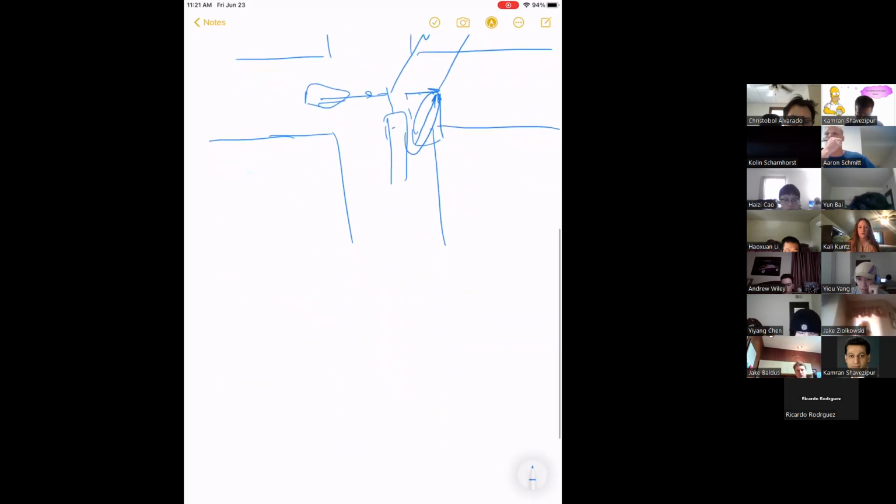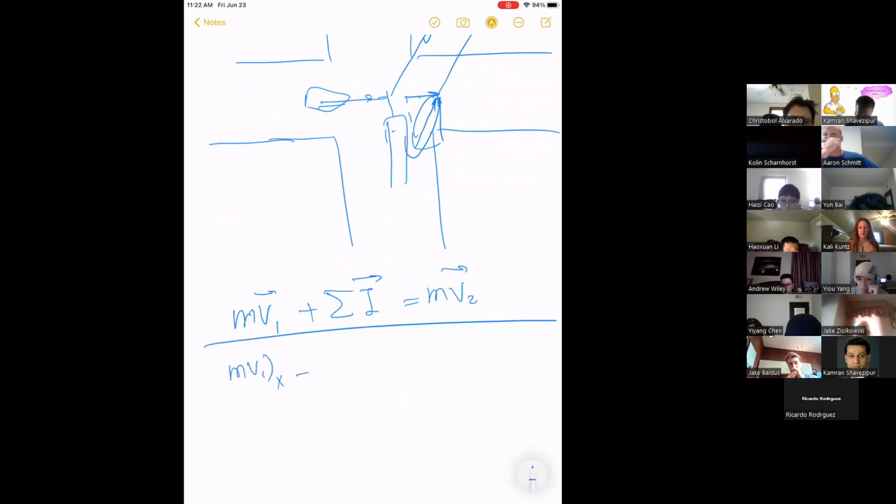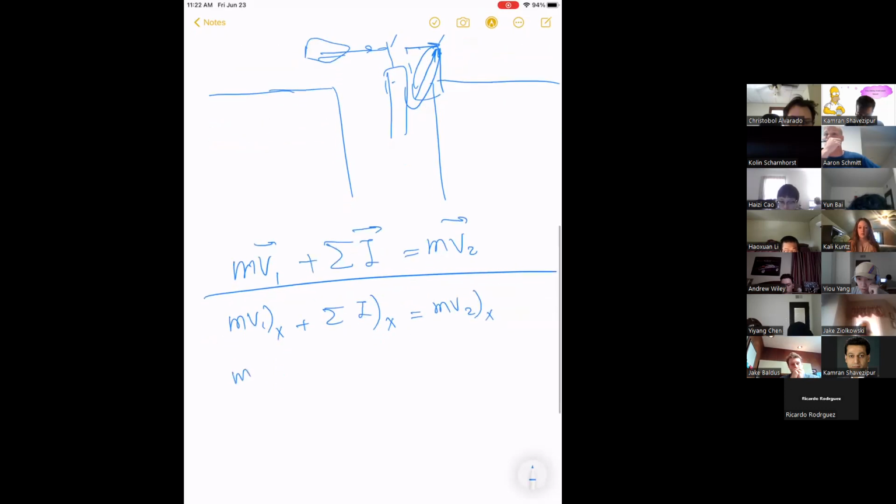So again, I'm going to repeat. You have mv1 as a vector plus summation of external impulses equals mv2, and this is vector. You can make it, for example, mv1x plus summation of Ix equals mv2x, and then mv1y plus summation of Iy equals mv2y.